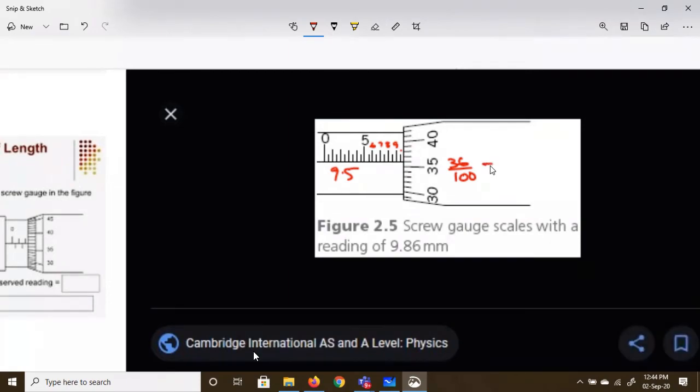And beta, if you divide 36 by 100 it is 0.36. Add 0.36 to 9.5, then the total answer is 9.86 millimeters. Don't forget. Right? So this is how you're going to do it, and I'm going to tell you the assignment for today in Teams. Don't worry. Right now, let's move on, shall we?